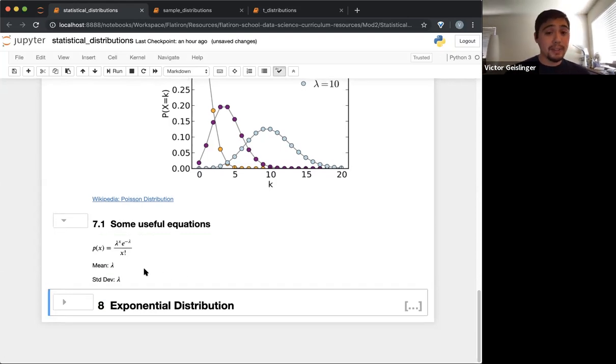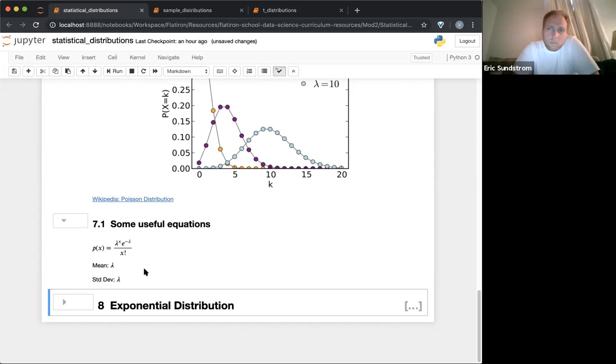It's a cool little thing that comes out. I believe that's correct, because I believe the variance is actually lambda squared. Maybe I'm wrong.